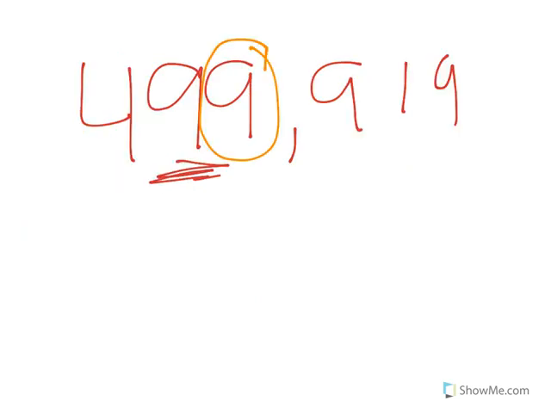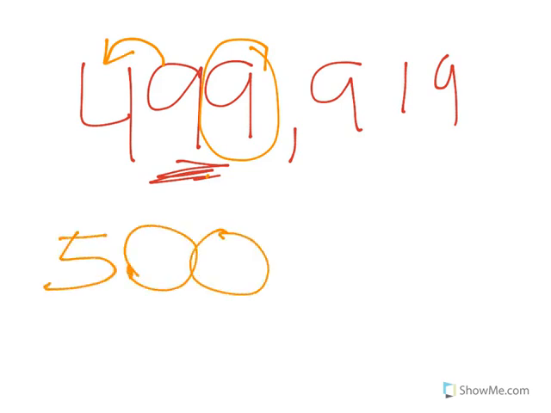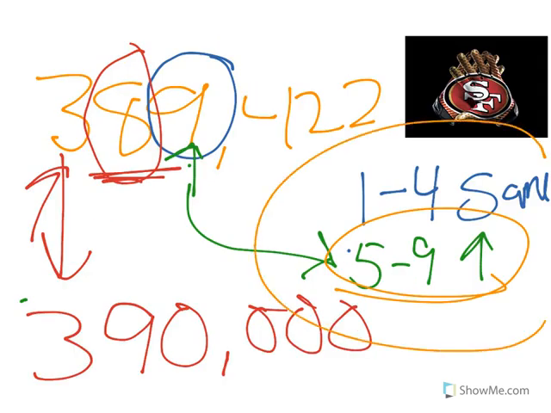So I have to round this 9 up. The problem is, where do you round up from 9? So then I have to round this number and make it a 5, and then everything else will become zeros. I hope that makes sense. That's really all you're doing, is following this rule right here.